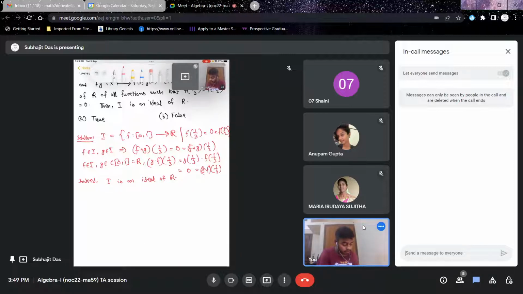So in fact, the answer will be true: if a is a point in the closed interval [0,1], then you can check that this collection M_a of all continuous functions f in C[0,1] such that f(a) is 0, that is, f vanishes at a, is an ideal.